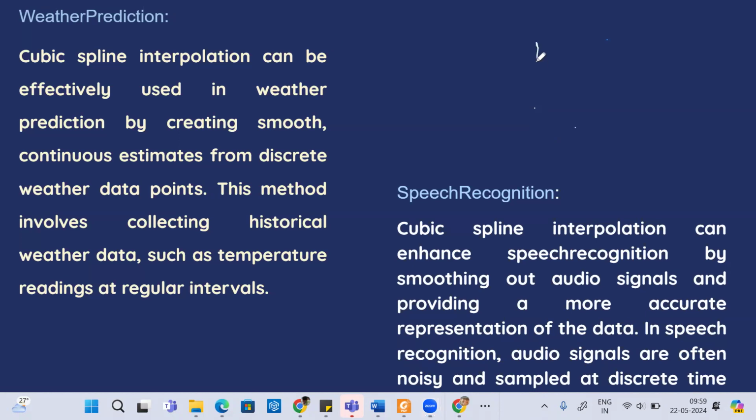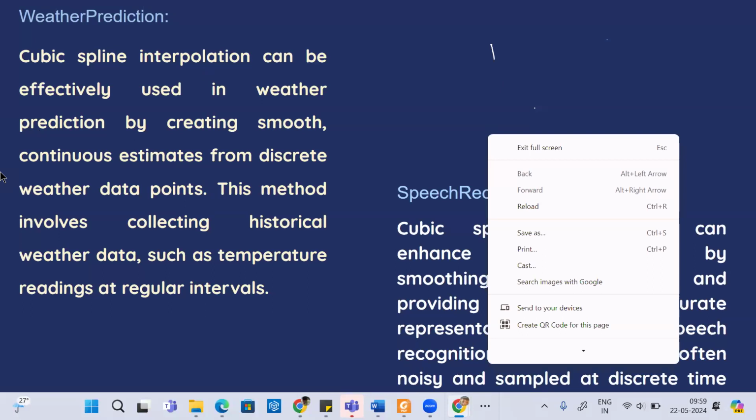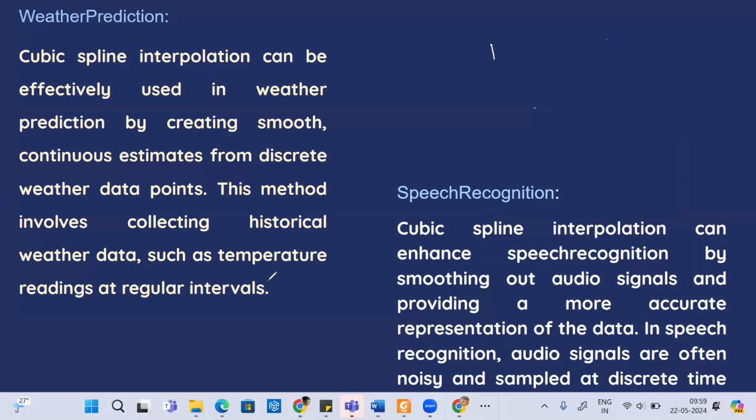I will give a rough sketch as an example of weather prediction.